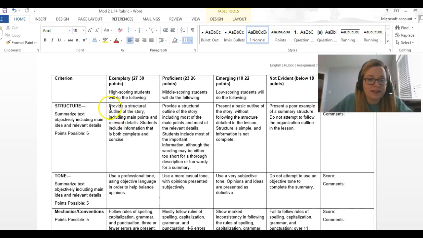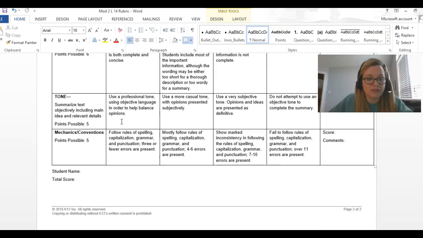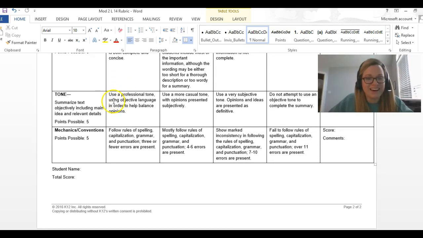So provide a summary of relevant details, like main points. Don't give away the ending. Use a professional tone. So that just means, look at the word choices that you're using. Like, how do you sound?